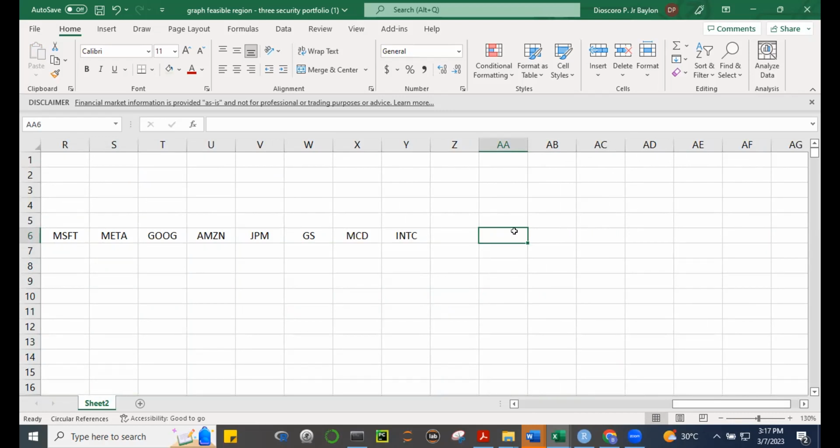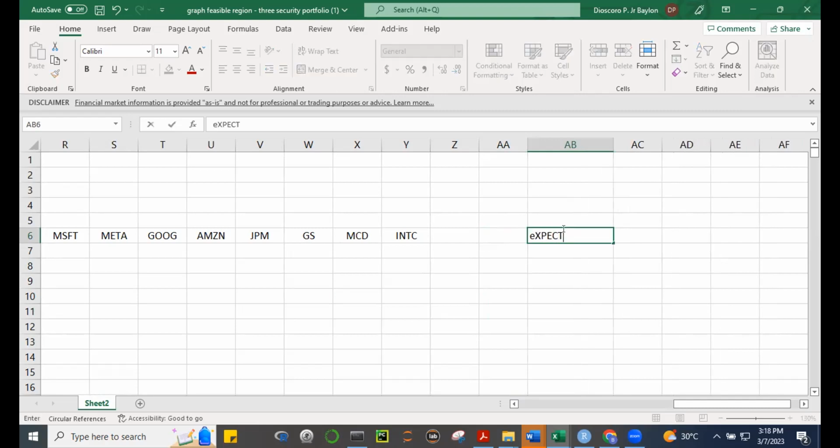Okay, let's compute for those things. So first, let's compute for the expected returns. Let's write here expected, and that one is usually denoted by E sub R.